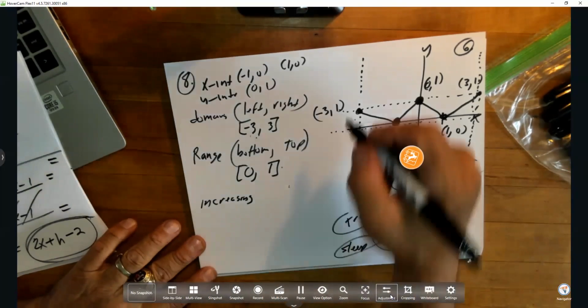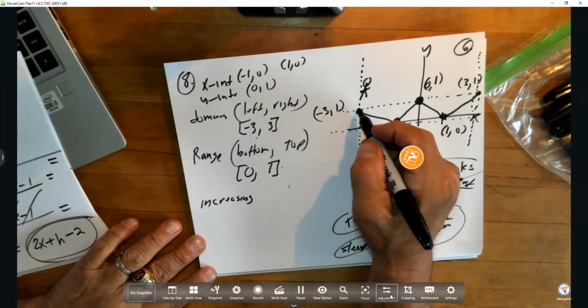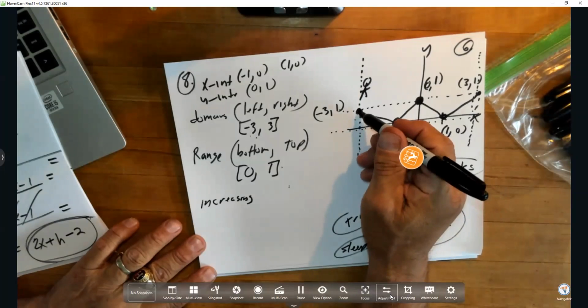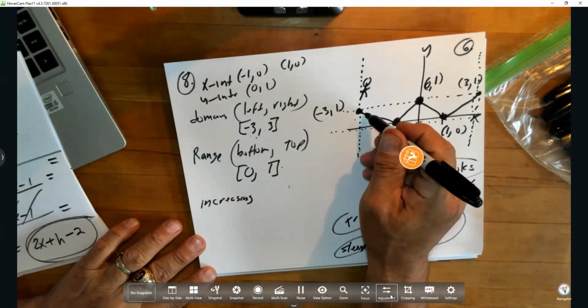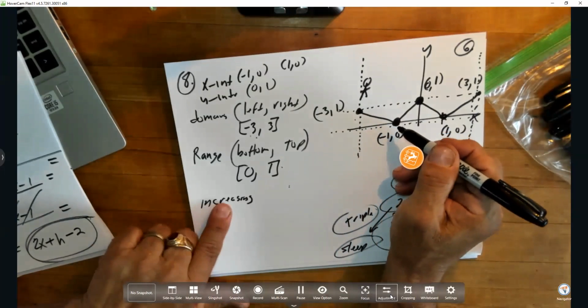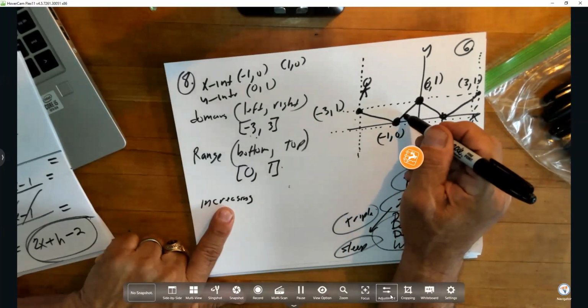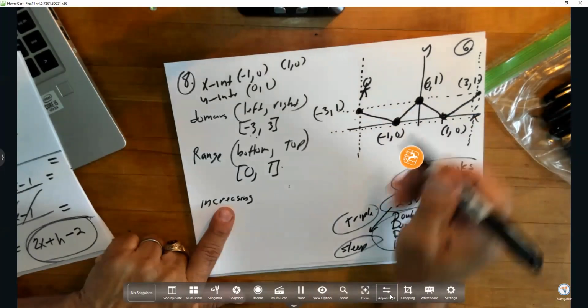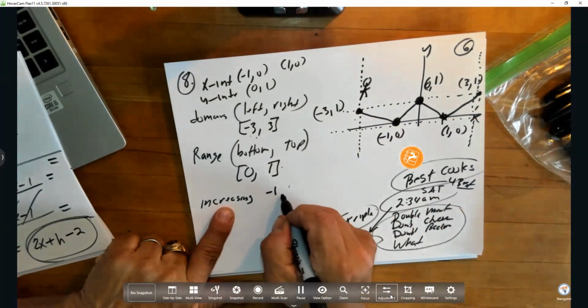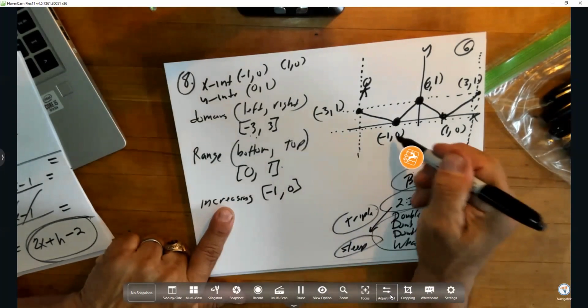Increasing. All right, so think of yourself like this. This is you, and you're walking on this graph. So from here, are you going down the stairs? Yes, if you go this way. So it's decreasing. I don't want that, I want increasing. And then from right here, from -1, are you going upstairs now? Yes. So from -1 to 0, it's going upstairs.